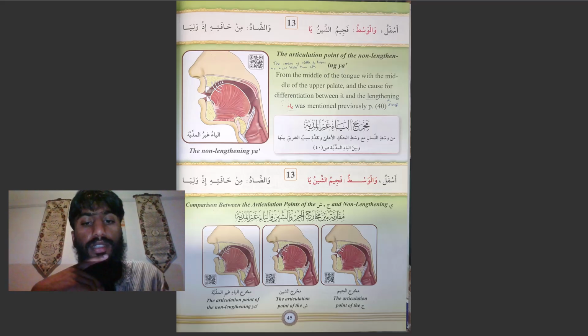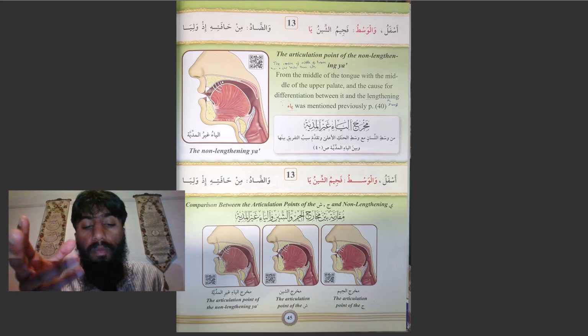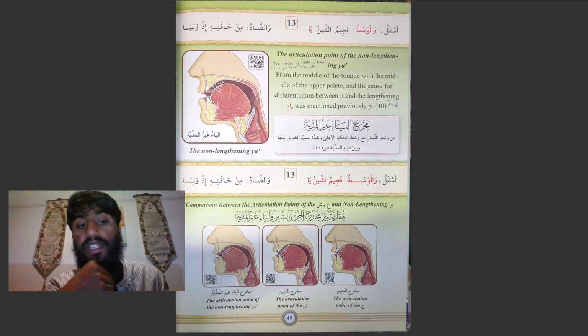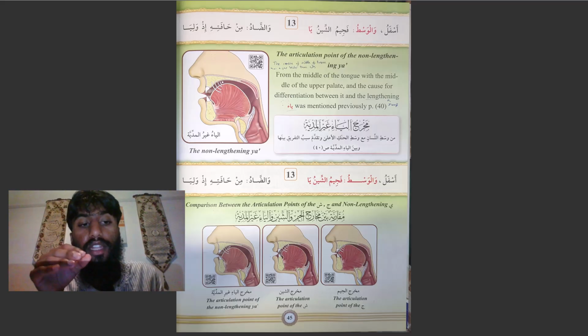Shh, shh, shh. Okay. Ya is a bit more like that as well. Ya has more space due to the nature of its sound between the roof of the mouth and the tongue. Okay. Those are the differences between the letters. That's why they sound different, and also the characteristics make the letters sound different as well.